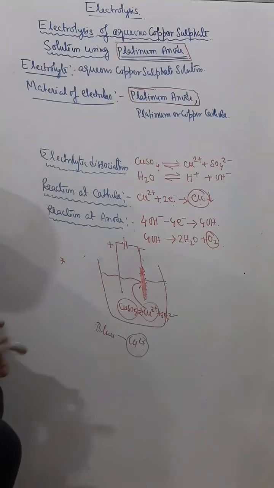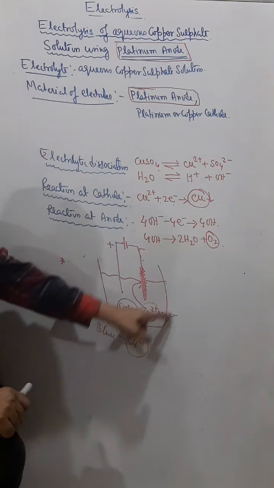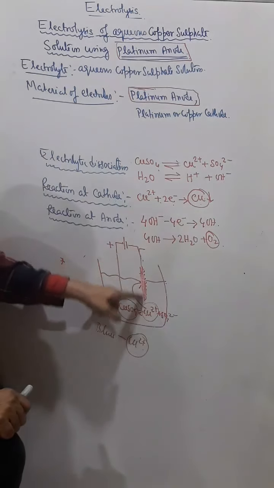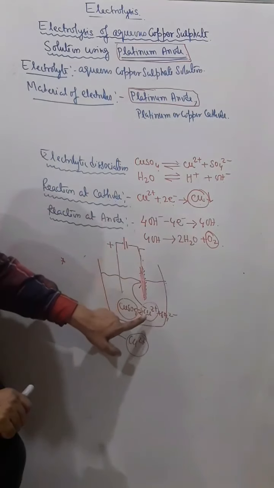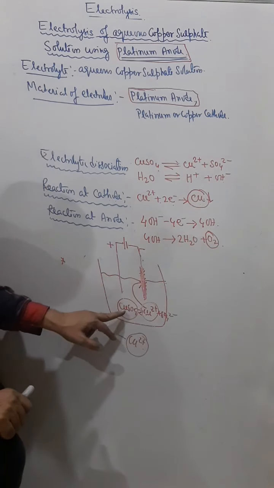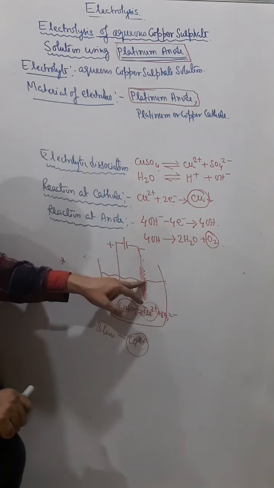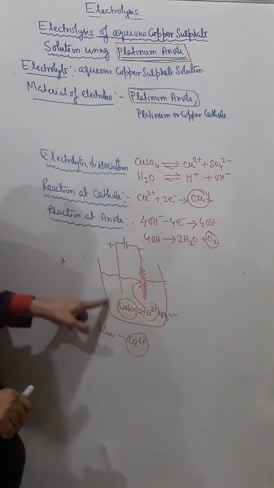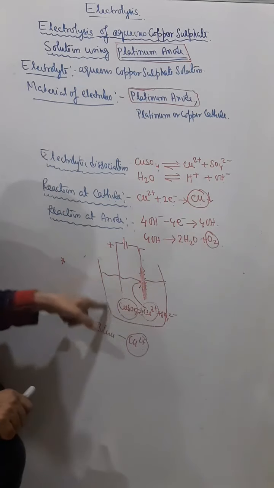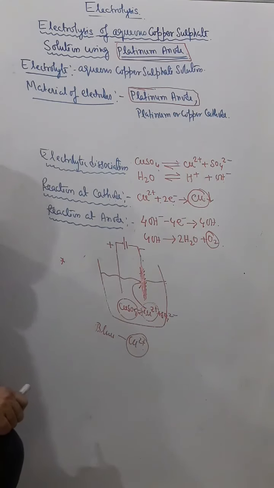So finally what happens, the concentration of the Cu2+ ion in the solution is decreasing, because this is getting deposited as neutral copper metal, so it changes from copper ions to copper metal at the cathode. So slowly the concentration of the copper ions in this blue solution is decreasing, and therefore the blue color slowly fades.